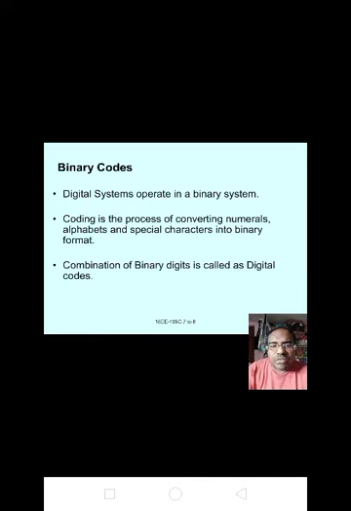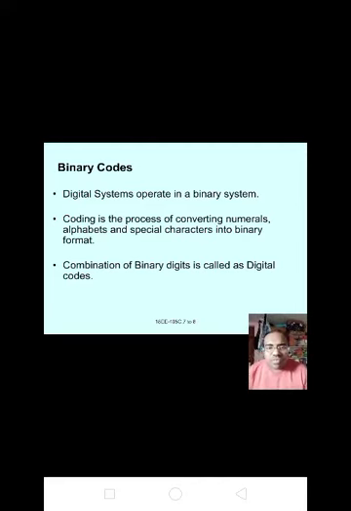A combination of binary digits is called a digital code. Please make a note of it.